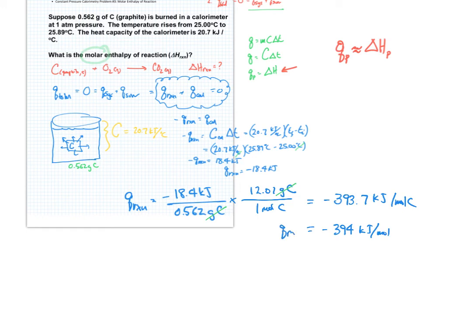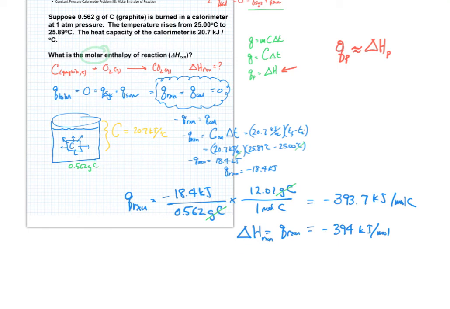That's Q reaction for a mole, but that's also equal to delta H reaction. Why is it equal to delta H reaction? Because this is a constant pressure. It's 1 atmosphere pressure and the pressure does not change. So because it's a constant pressure, I can set Q equal to delta H.